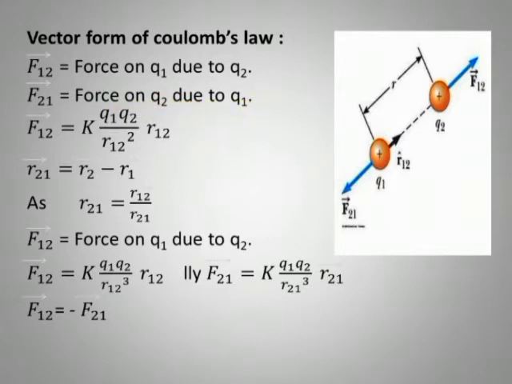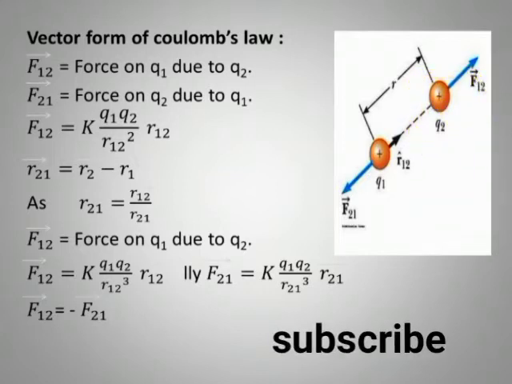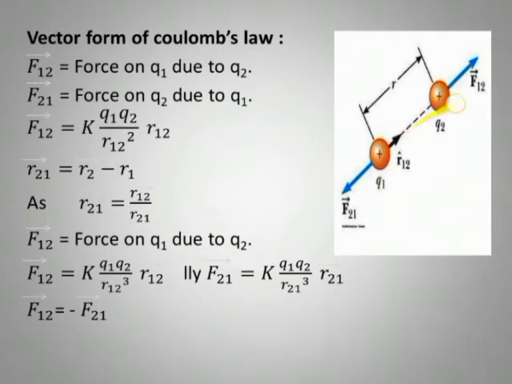Hope I made it clear to you. Here q1 is experiencing certain forces by what? q2. Okay, so at that point, what will I write? F12 you'll write. Now, if I consider charge q2 is experiencing certain forces due to what? q1, then I'll write F21.